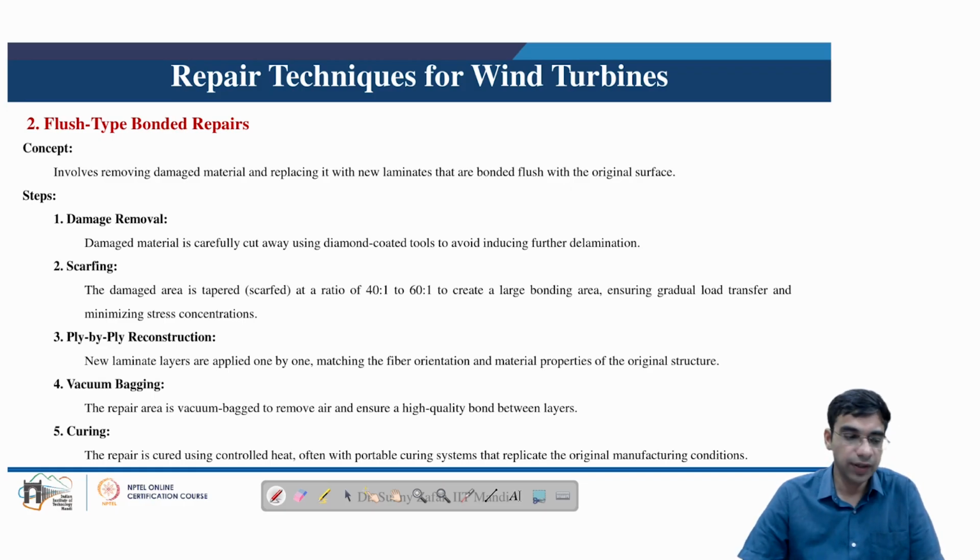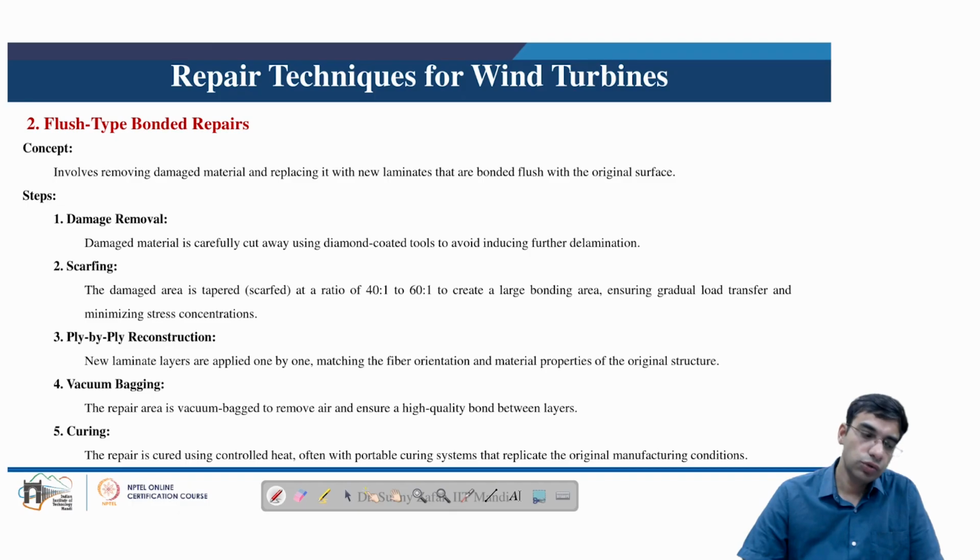Next is scarfing, where the damaged area is tapered or scarfed at a ratio of 40:1 to 60:1 to create a large bonding area, ensuring gradual load transfer and minimizing stress concentration. Next is ply by ply reconstruction, where new laminates are applied one by one, matching the fiber orientation and material properties of the original structure.